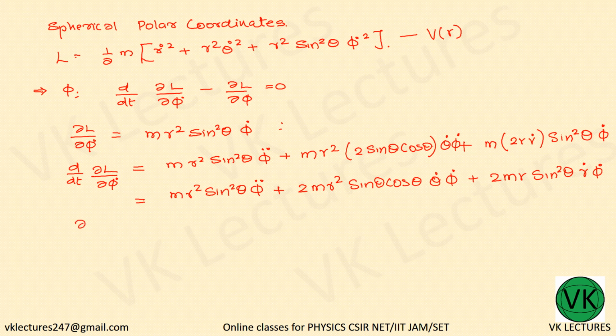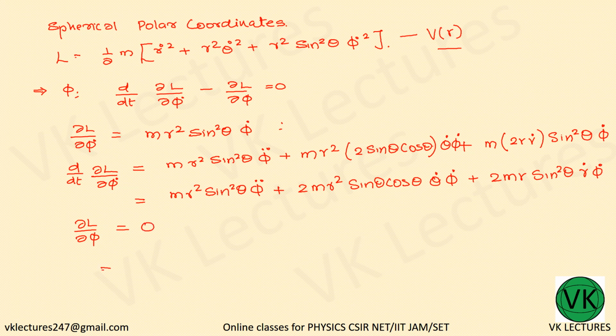Now dou L by dou phi is equal to, let us look into where is phi. There is no term consisting of phi, and V is a function of r alone, so dou L by dou phi is 0.